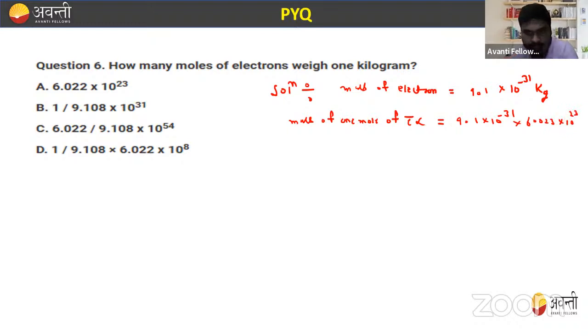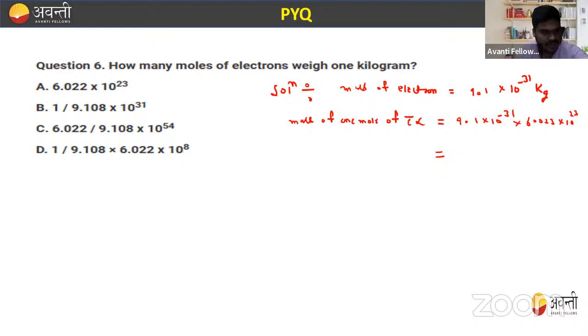Clear? So on solving, what you get is 9.1 into 6.023, and the powers of 10 combine. So on solving, you'll get this.